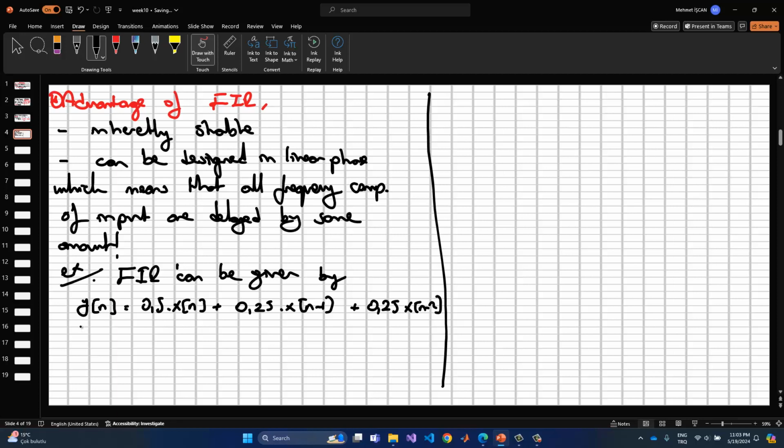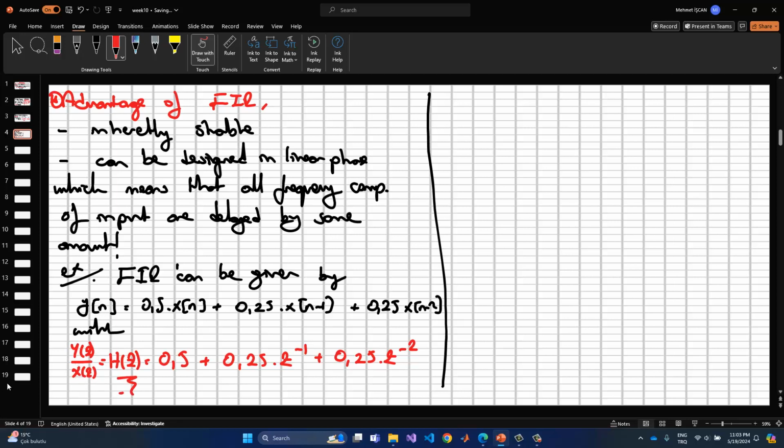We can write this filter in terms of H(z), which equals 0.5 plus 0.25 z to the power of minus 1 plus 0.25 z to the power of minus 2. This is also equal to Y(z) for a given X(z).